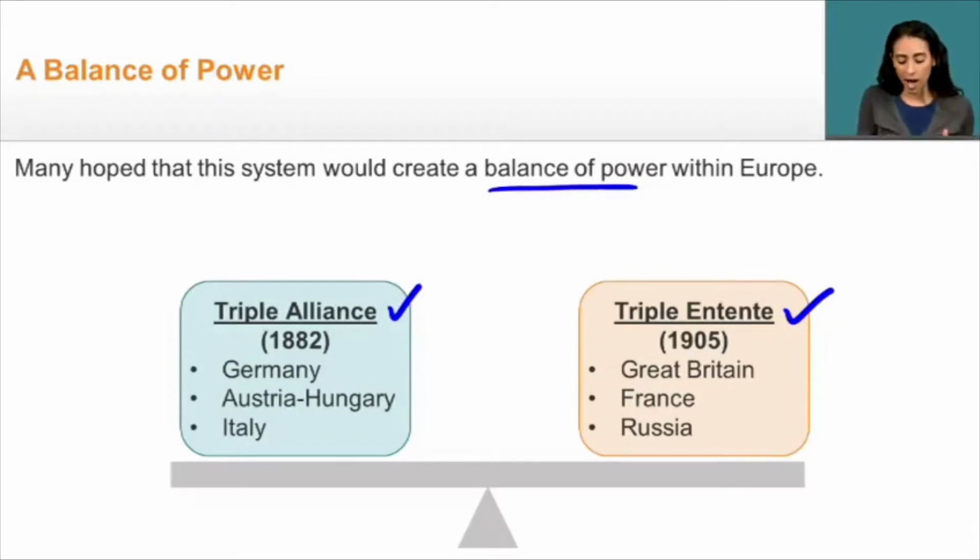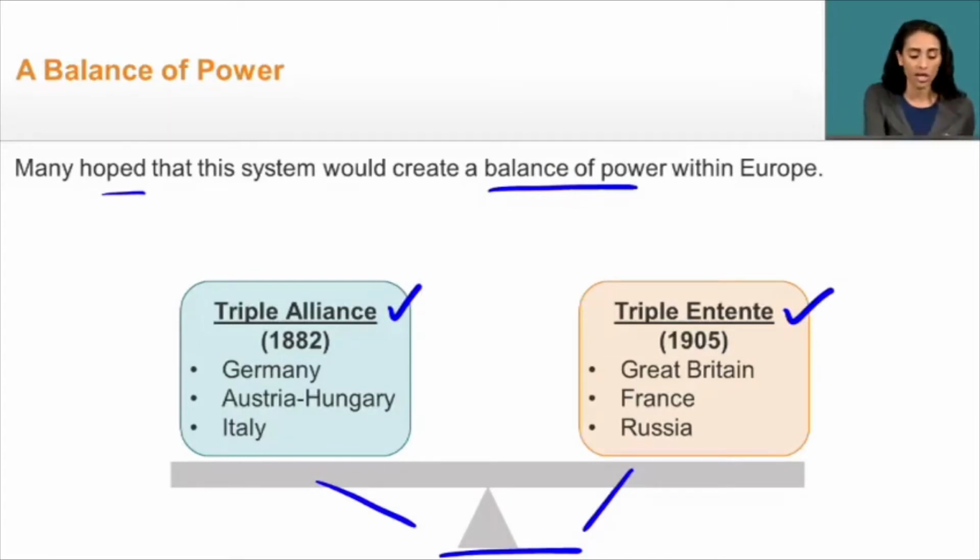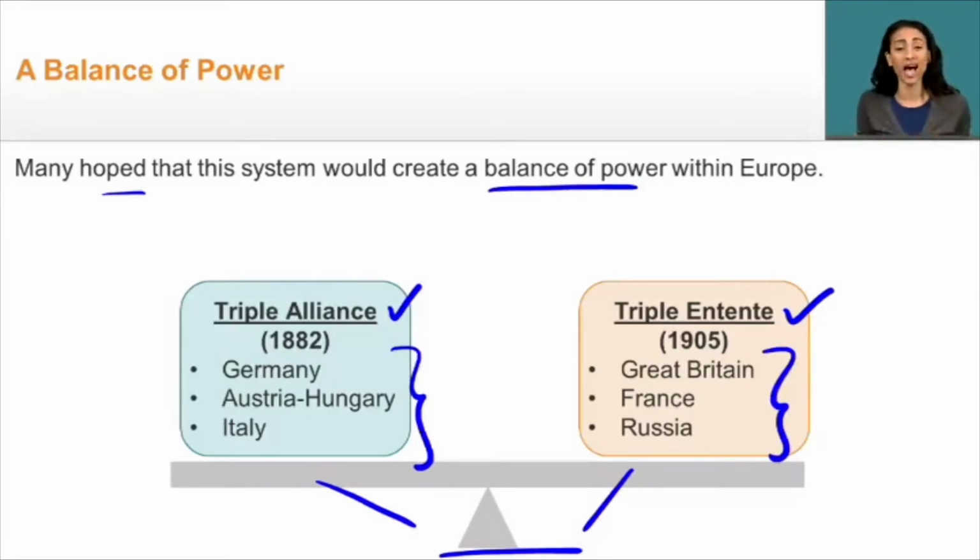But keep in mind that we're looking at a graphic organizer in this scale design, because even though many people hoped that this would create a balance of power within Europe, with three major powers on each side, in reality that power scale is really going to be tipped back and forth. Rising tensions in the Balkans and rising tensions within the Ottoman Empire, which we'll talk about, are all going to come together and really disrupt this balance of power. So let's talk a little bit more about that next.